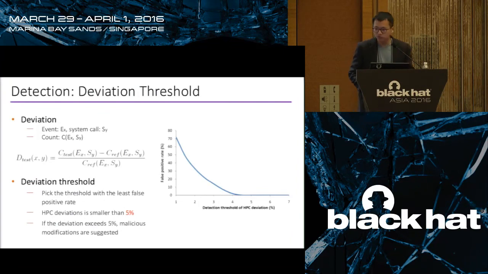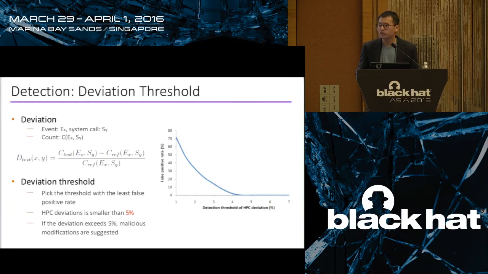Okay, since we cannot avoid the noise during the counter reading, we need to characterize a noise threshold. We call it the deviation threshold, to quantify what noise level is tolerable, right? So the way we compute the deviation is that we define the event EX. So X basically means a particular event, right?